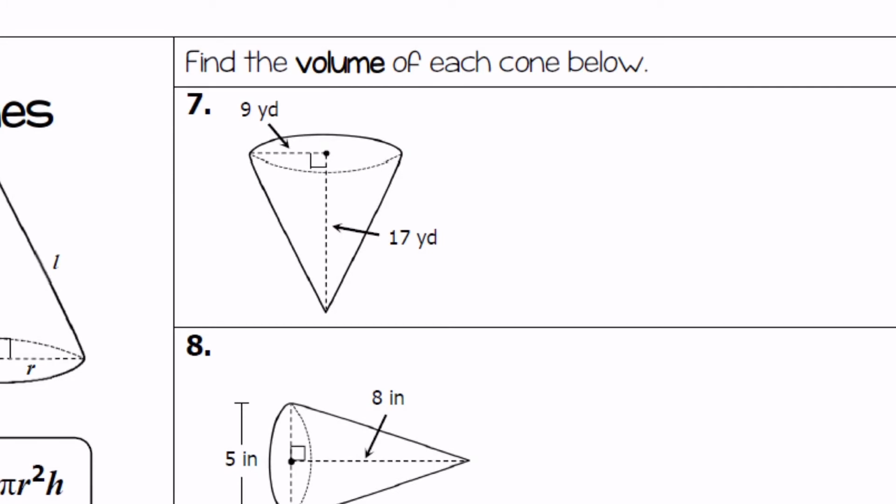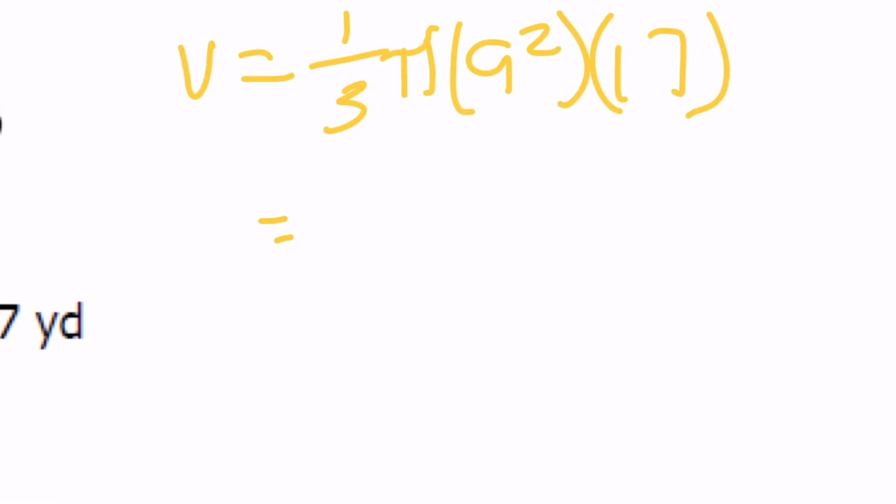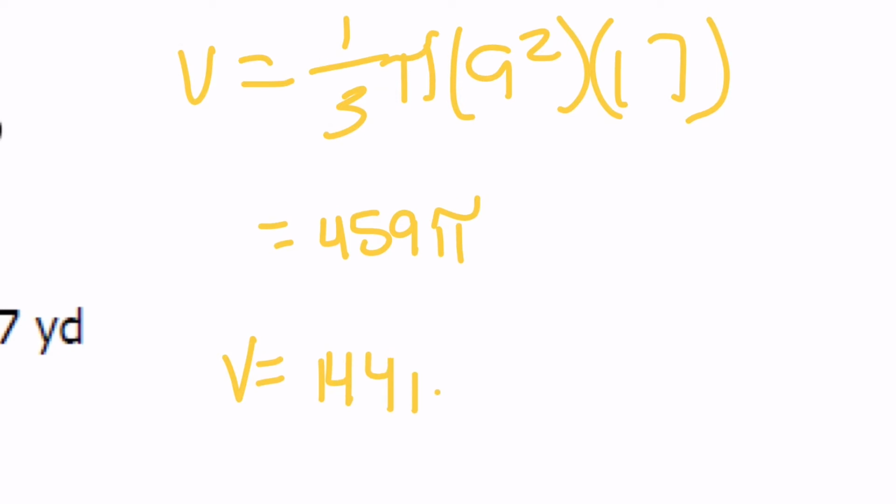So, for instance, on number 7, the volume of this cone is equal to 1/3 pi times 9 squared times 17. That's going to equal 459 pi, which leaves me with a volume of 1,441.99 yards cubed.